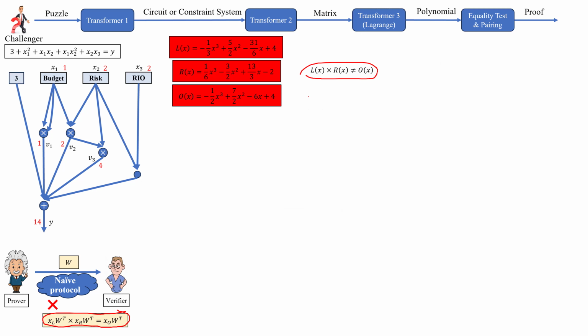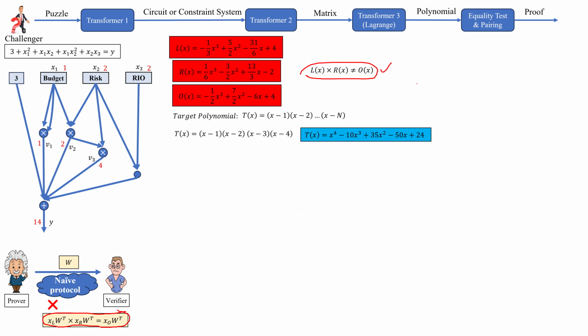So L multiplied by R would be a polynomial of degree 6, and that would not be equal to polynomial O of x, right? So this is not a correct and valid test for the verification. So what are the other options? This is actually a good contribution of Groth16, which is designing such a test.